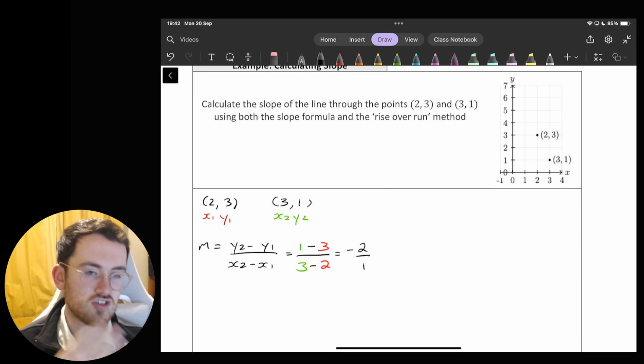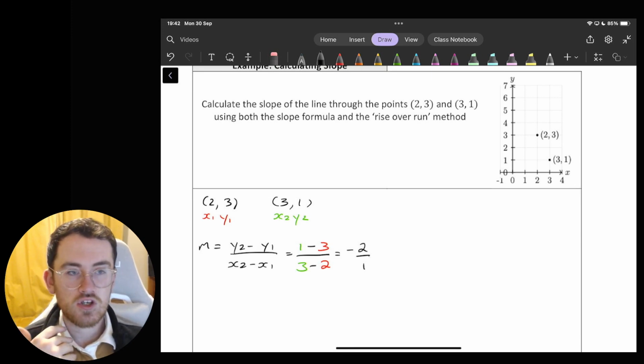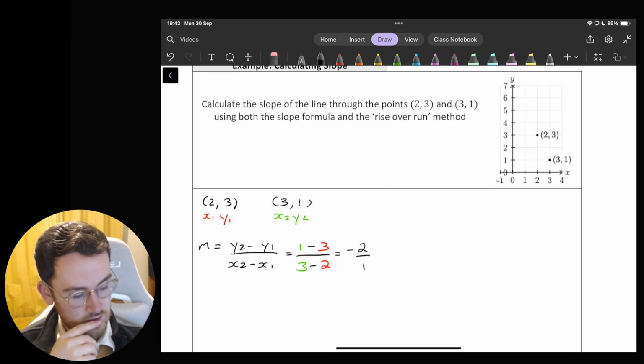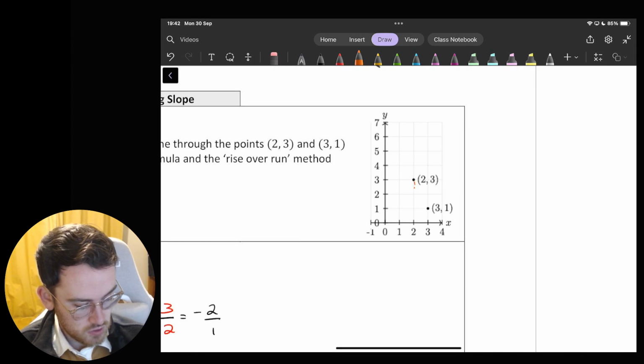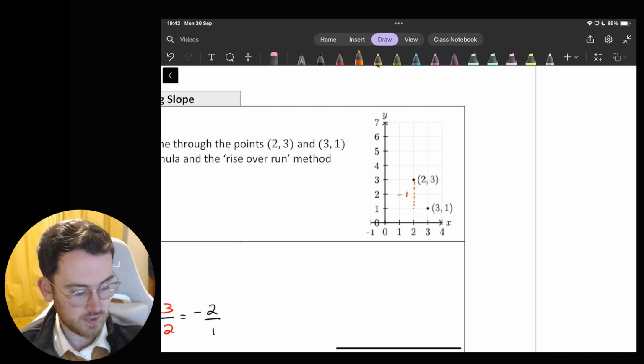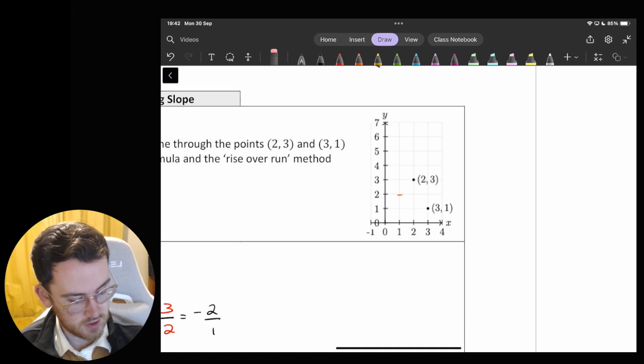Let's verify that using our rise over run method over here. So we're going to look at how do I go from one point to the next here. Going down here, I'm going down a distance of 1. Or excuse me, I'm not going down a distance of 1, I'm looking at the wrong coordinates there.